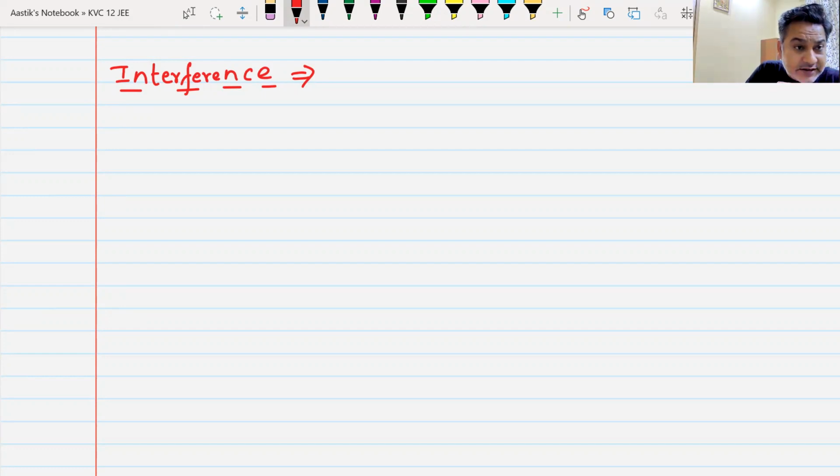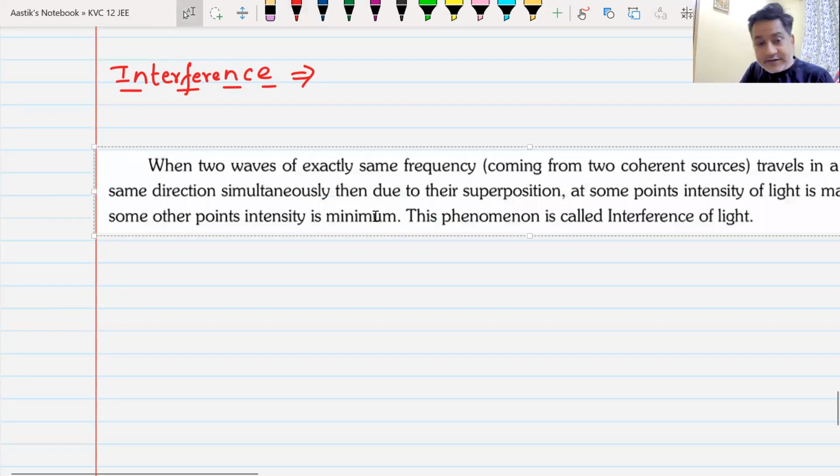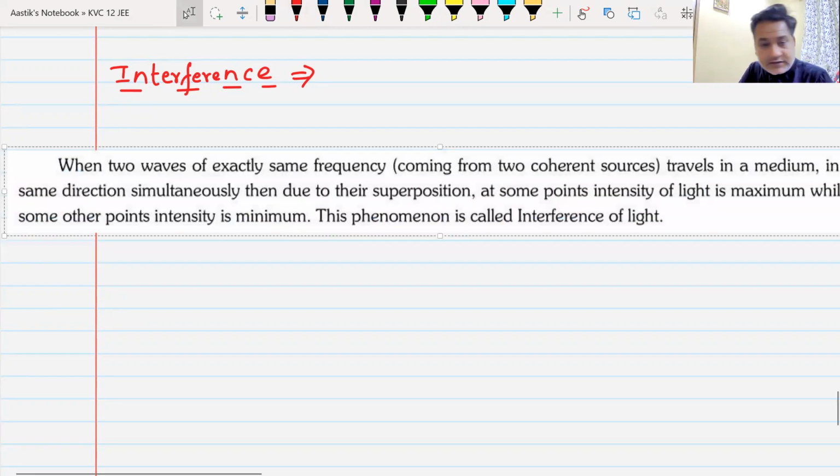What do you mean by interference? Now, interference is superposition of waves, but it is a very special type of superposition. I will show you that, and then we will write it in terms of points, because it is better to understand the same thing in terms of points.